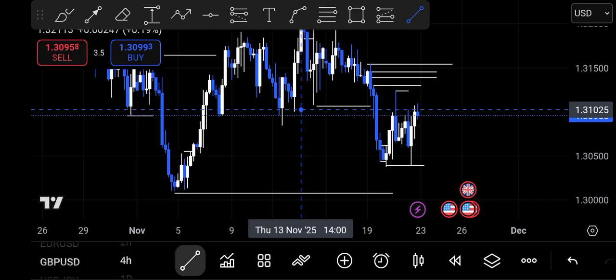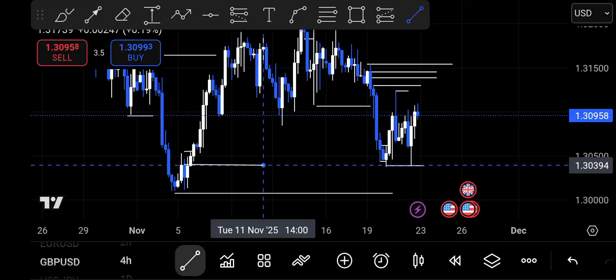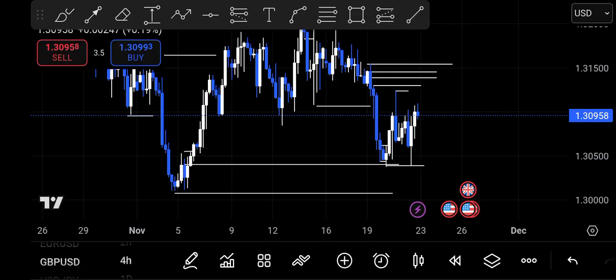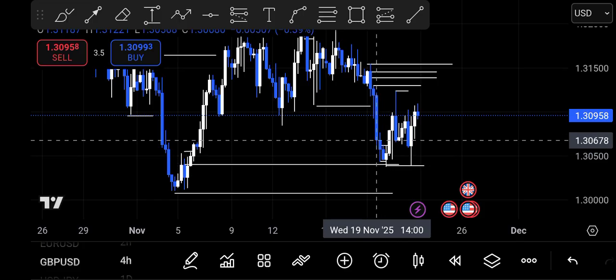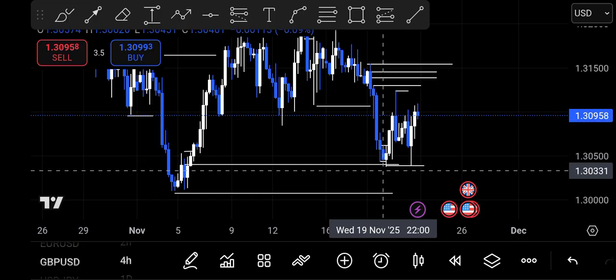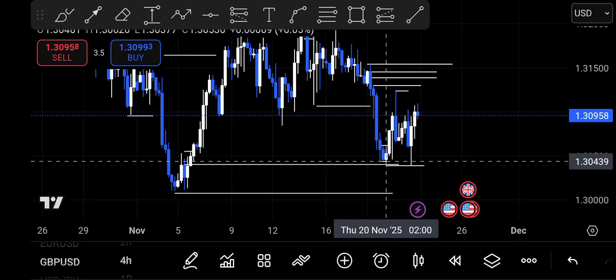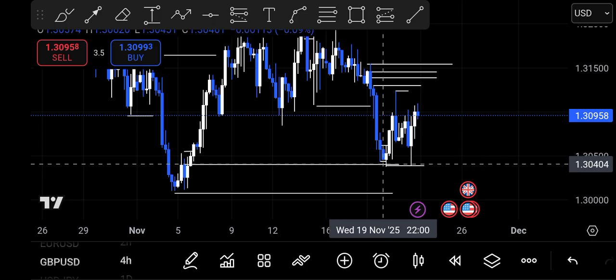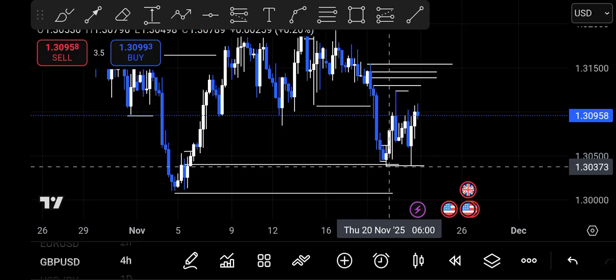I was observing this POI, or this support zone somewhere around here. So I was waiting for price to touch this support zone. Then after price touches this support zone, I will move to the lower time frame, which is the 15 minutes, 5 minutes, 3 minutes, the lower time frame, grabbing liquidity, whatever.